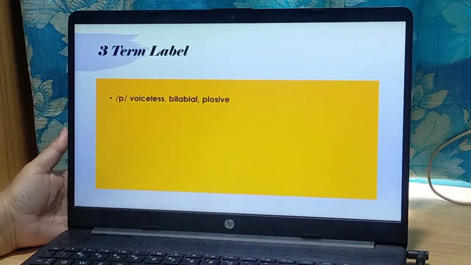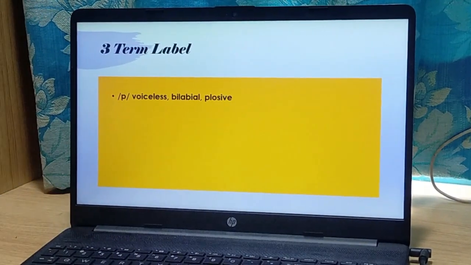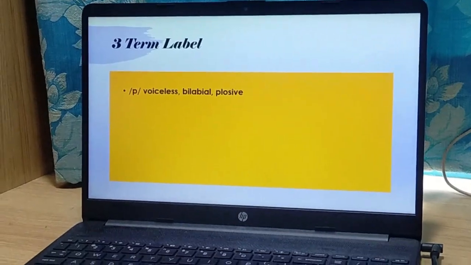Now moving on, we'll come to another term, the 3-term label. While I was explaining the 44 phonemes in the English language, I was constantly talking about articulators, the vocal cords, the glottis, the narrow glottis or the wide glottis.